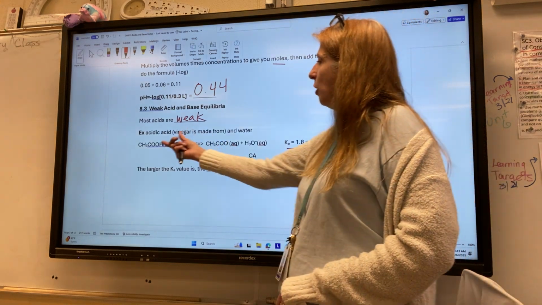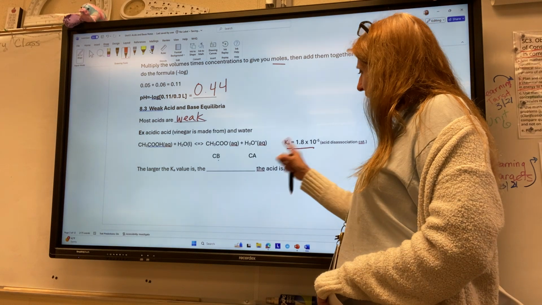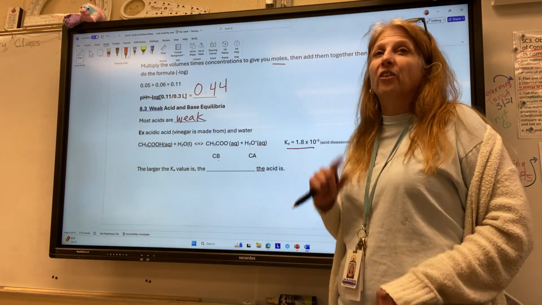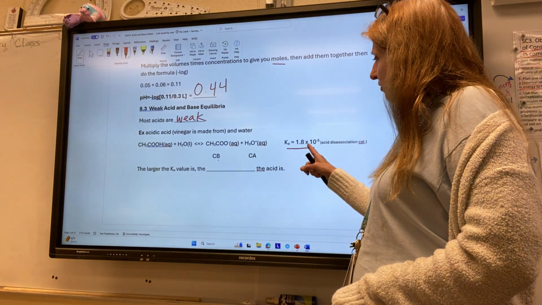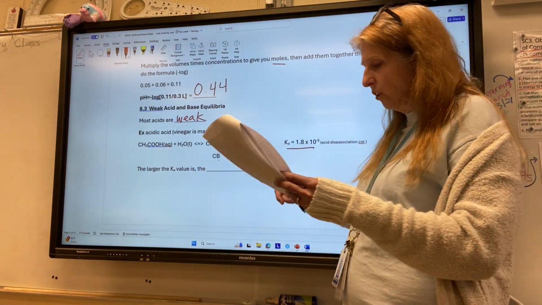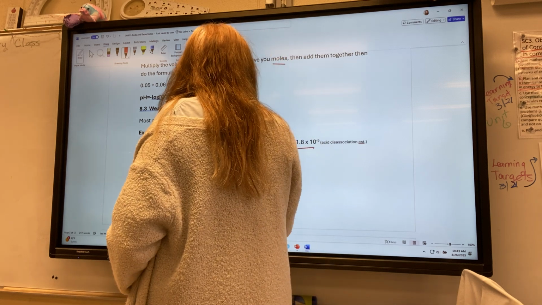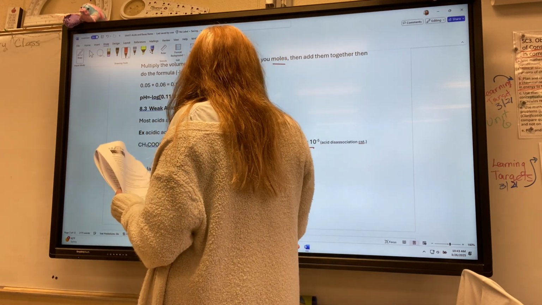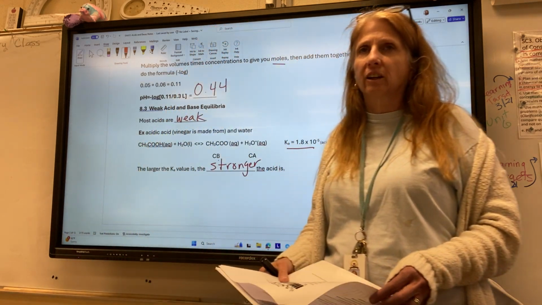It's telling us how much an acid dissociates. And that's why it's just another K. Now, just like other Ks, the larger the Ka value is, the stronger the acid is. The more it is dissociating, the more this reaction is going toward completion.